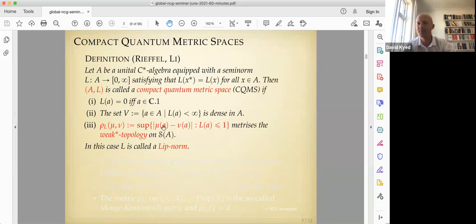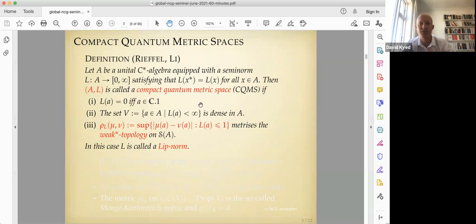And this quantity is supposed to be a metric on the state space, and it's supposed to metrize the weak star topology. Okay, so a priori, this quantity rho L could be infinity, but if it is actually finite, it is a genuine metric. And the requirement is that it metrizes the weak star topology. And then this is called a Lip-norm, and the whole shebang is called a compact quantum metric space.